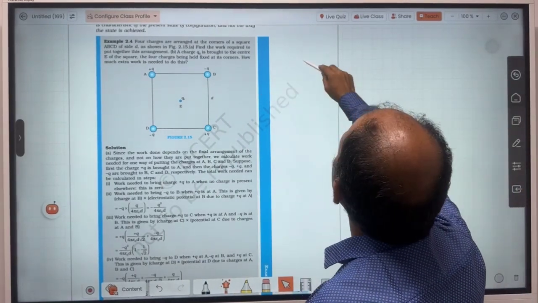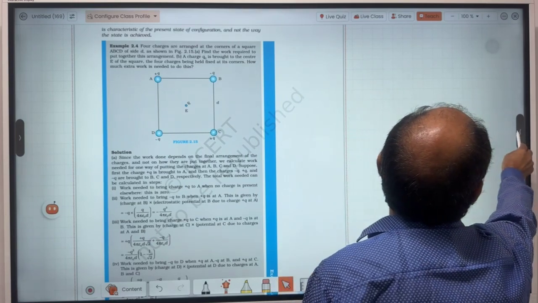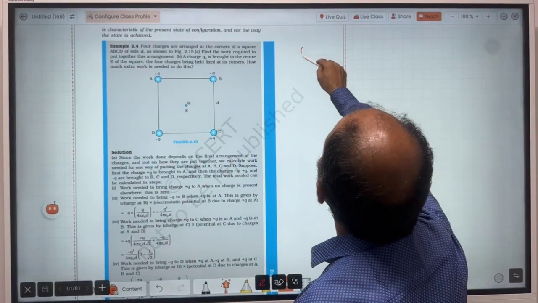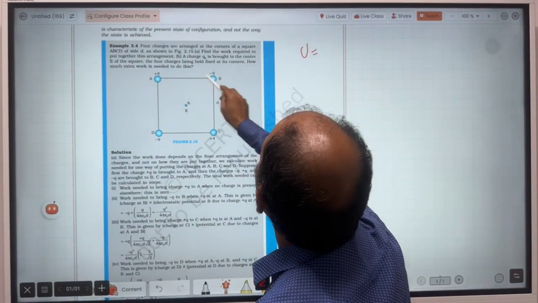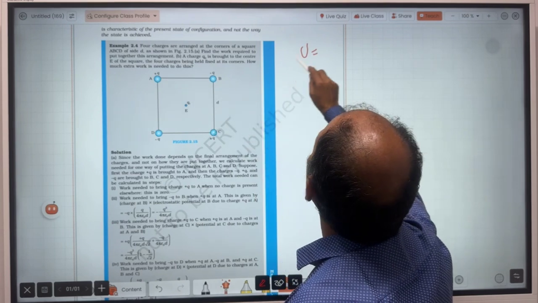So the potential energy of the system will be how much? Potential energy U will be all the interactions.